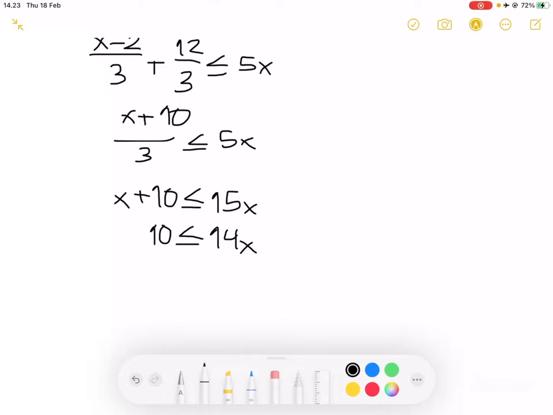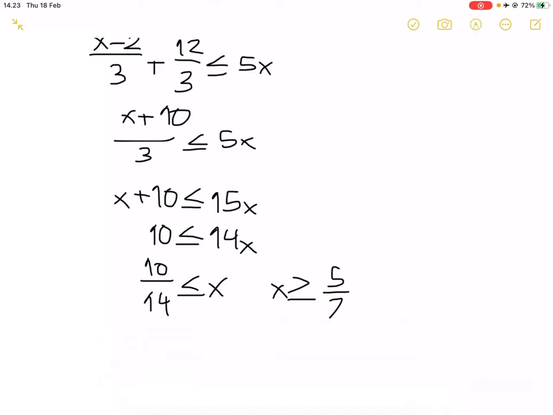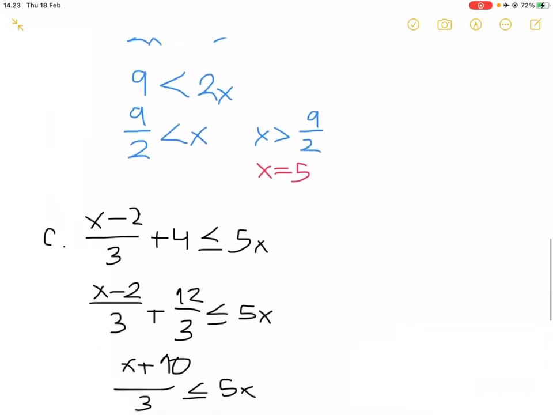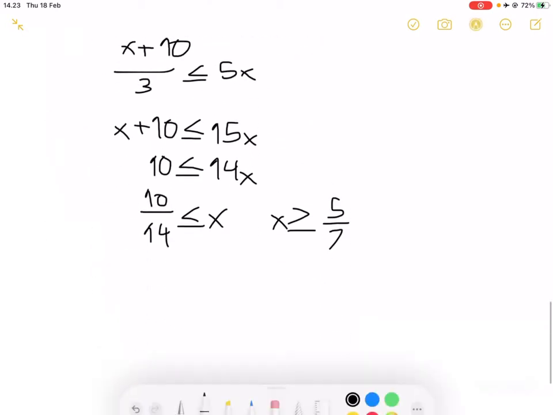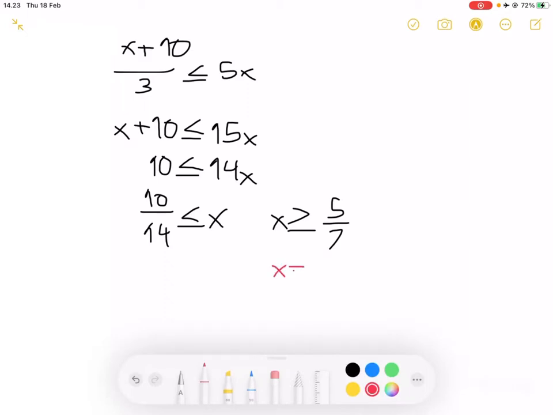And then from this you can get that x is greater than or equal to 10 over 14, which can be simplified into 5 over 7. And the smallest integer solution for this inequality is x equals 1 yet again, because the next integer after 5 over 7 is 1, and that can be easily seen here.